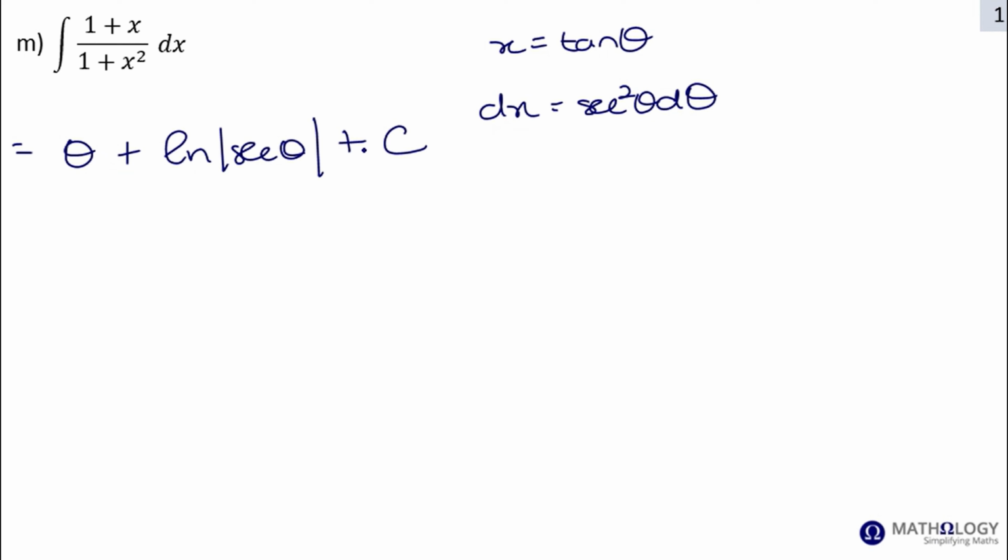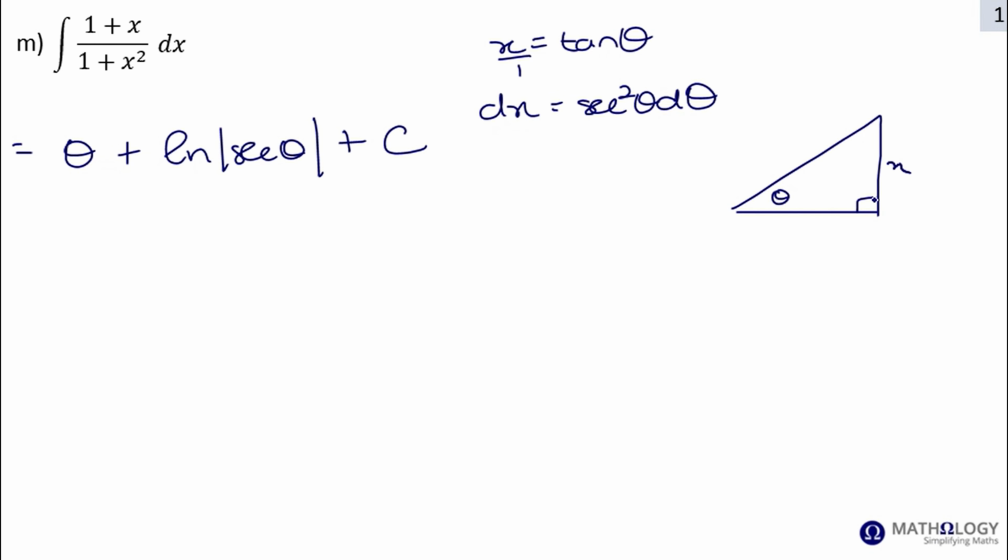Now we need to express theta in terms of a substitution, right? So just draw a triangle. The angle is theta, and tan theta is x, right? Which is x over 1.